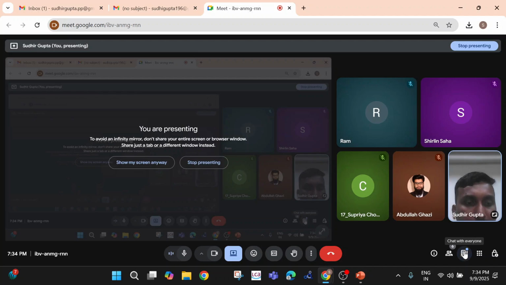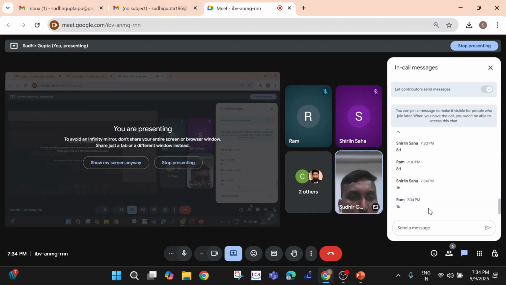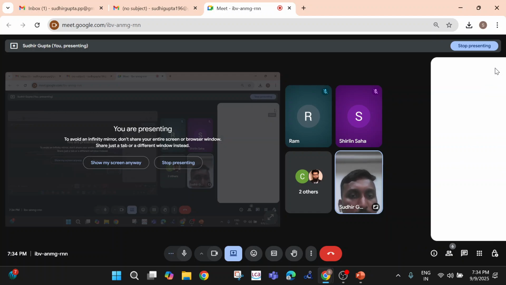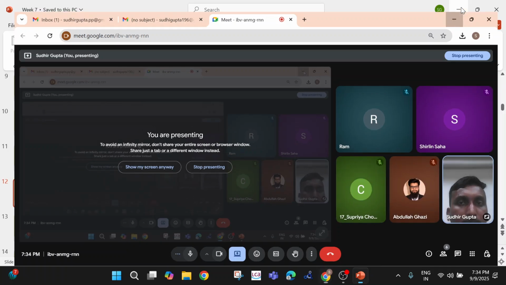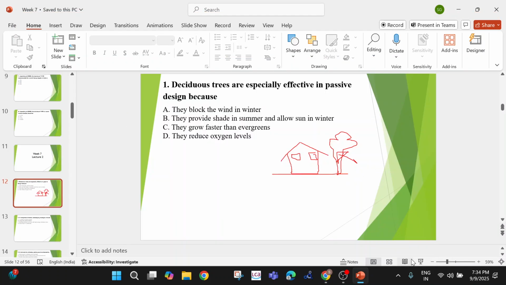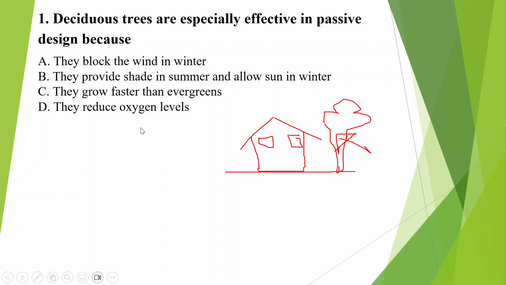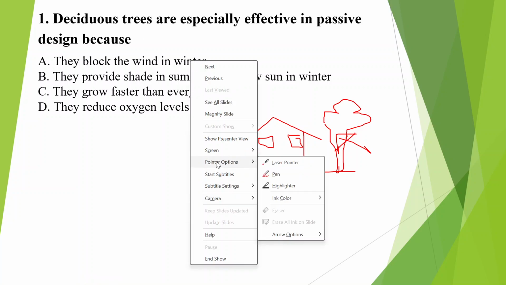Yeah, as I can see now, several people have answered B. So whoever has answered B, they are absolutely correct. B is the correct answer for this particular question, question number 1.